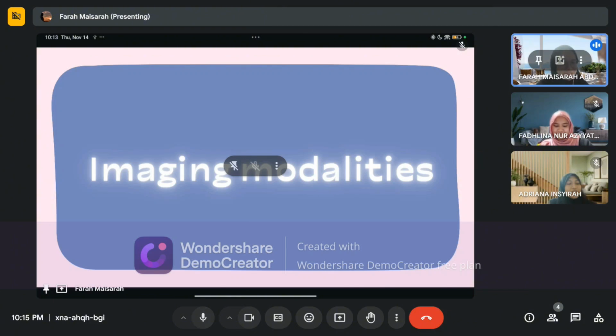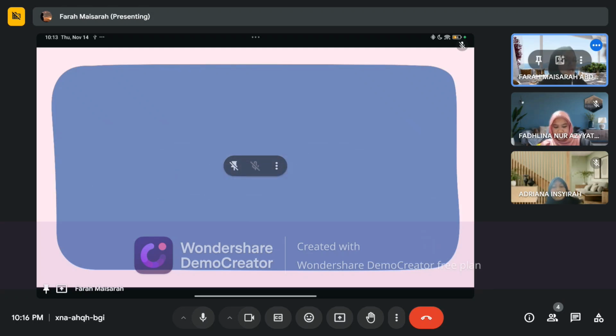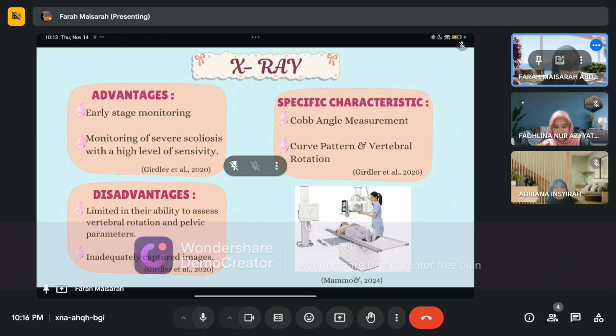Okay, so I will continue to explain about imaging modalities. I will explain only three, which are the X-ray, CT scan, and MRI, because those are the modalities usually used to examine scoliosis. Let's start first with the X-ray.